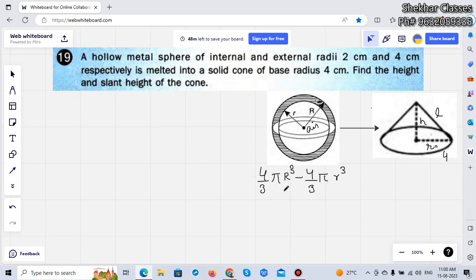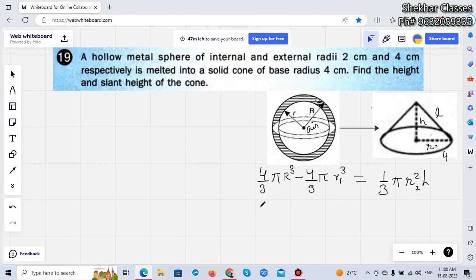Subtract the air from metal and air, you will get only metal. So that is the volume, and this gives you what? 1 upon 3. Volume of this one is what? 1 upon 3 pi r square h. You can take it as r1 and r2, no issue. They are different, they have not given that.